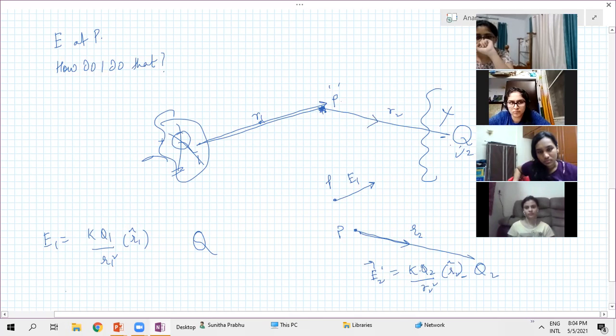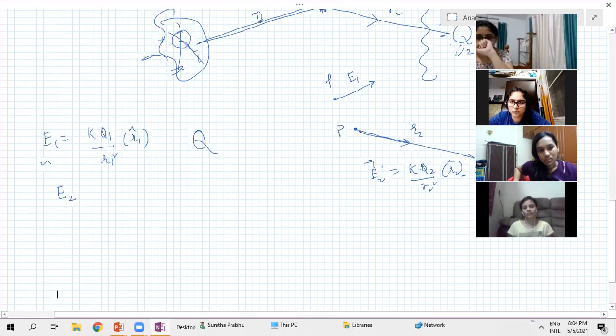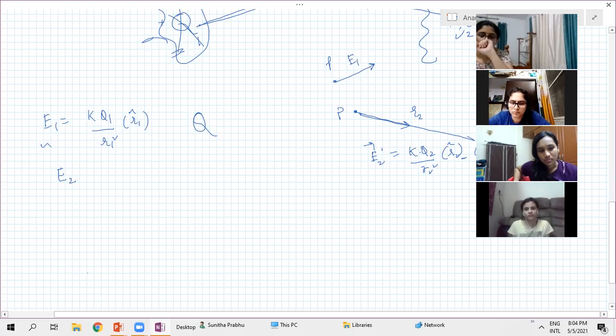Okay, that means you have E1, you have E2, both these are vectors, right? Now you will find the net electric field using the vector concepts again. Are you able to understand? So you'll say this is P, E1 was in this direction and E2 is in this direction.